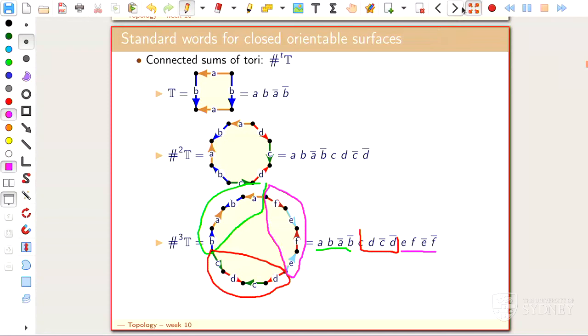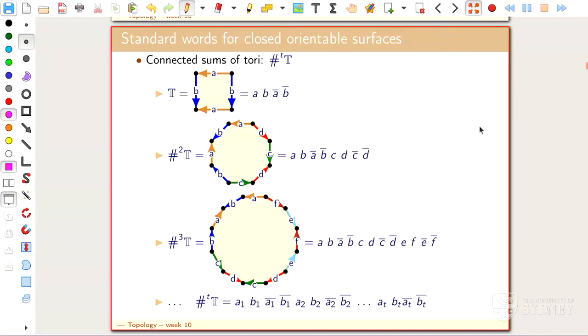And this is what we call the standard word for the torus. It's always this pattern, A_i, B_i, A_i bar, B_i bar, just repeated t times if you see t of them. And it's really always: here's a torus, here's a torus, here's a torus. This one is really nice. If you see a surface which has one of these patterns, there's a torus inside, which makes your calculation somehow already easier because you already identified a torus, which is one of our basic pieces.